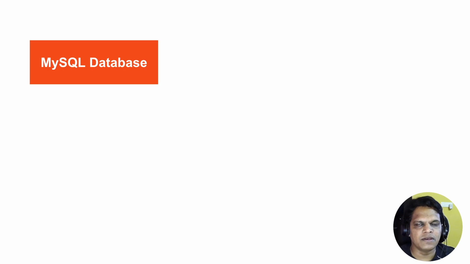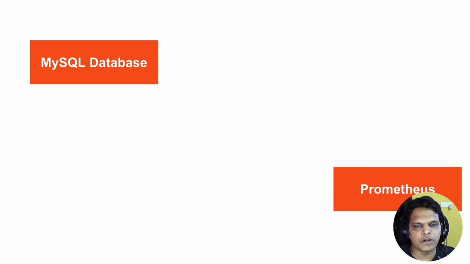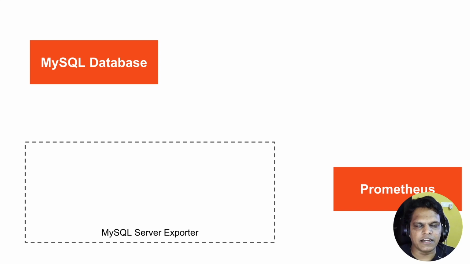Like the node exporter, the flow is going to be the same. We have an existing MySQL database which we want to monitor with Prometheus. To monitor the MySQL database, you need an exporter, so that the exporter can gather the data from the MySQL database and transfer that data to Prometheus.